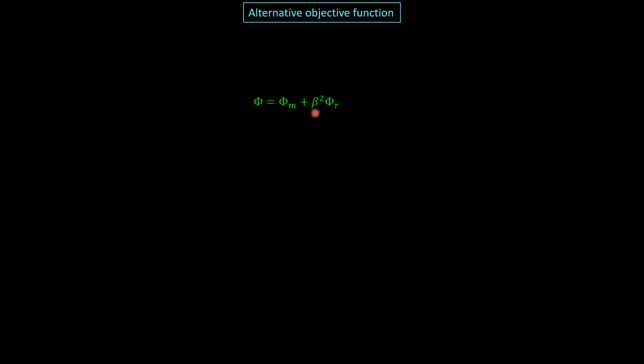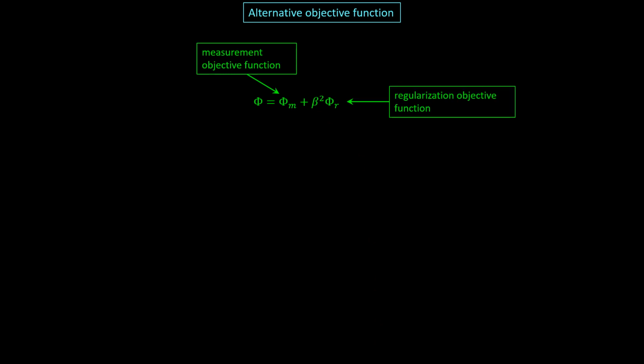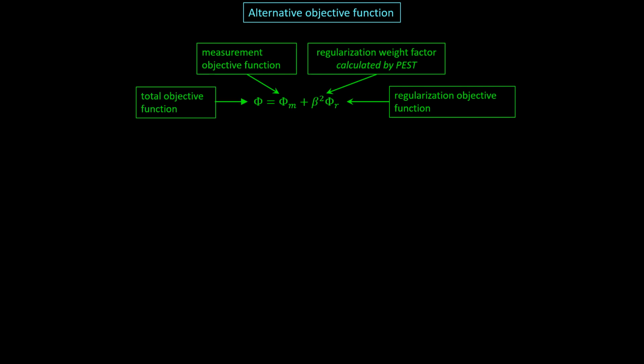We normally square this factor, call it beta squared rather than beta, just to acknowledge we're dealing with least squares objective functions. So, the measurement objective function, the regularization objective function, and a factor applied to the regularization objective function, which is actually calculated by PEST in ways we'll show in a moment. Add all that together and we have the total objective function. And this is what is minimized when we do Tikhonov regularization.